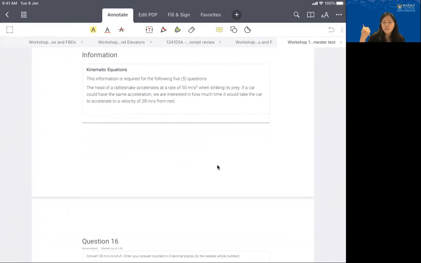The later questions are sequenced in the way we learn the topics, and usually the later questions are the trickier topics. So to make sure we have enough time to cover them, I'll start with question number 16.